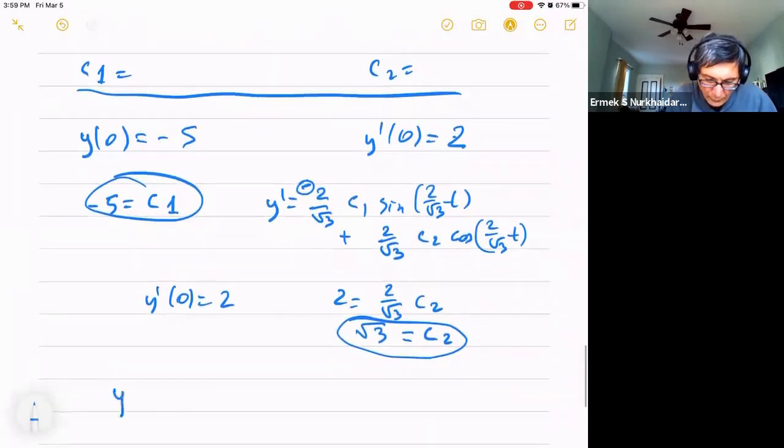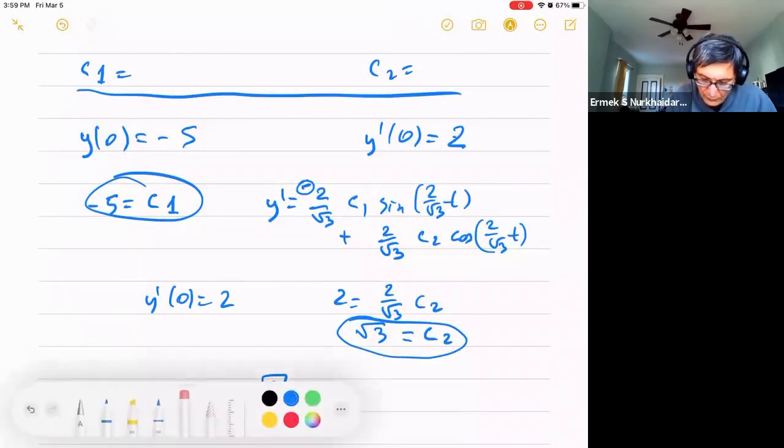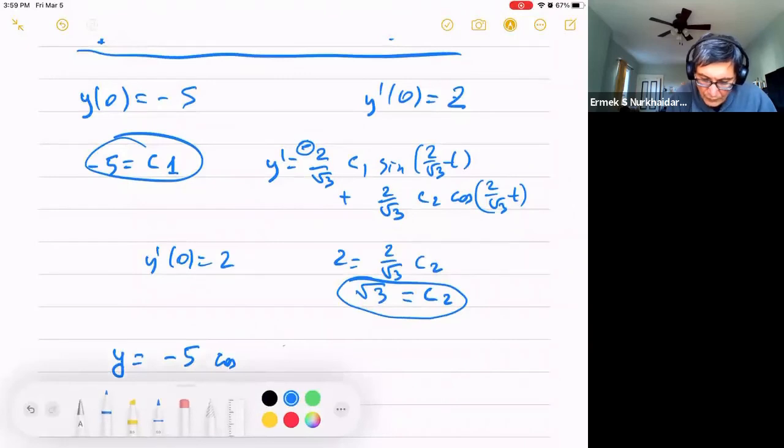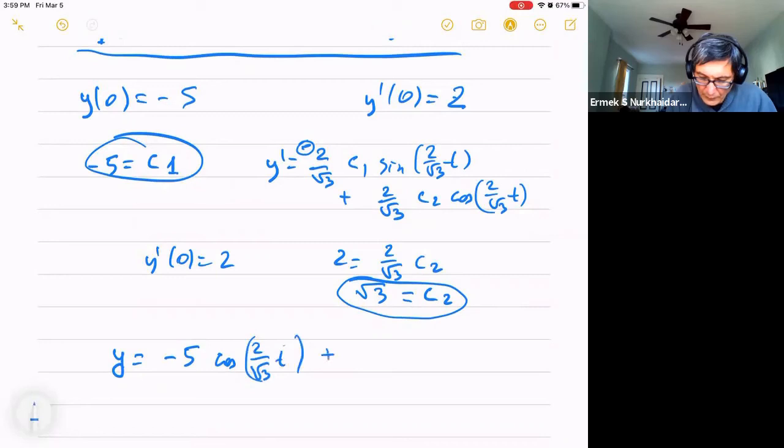So finally we have our answer: -5 cosine of 2 divided by square root of 3 t, plus root of 3 sine of 2 over root 3 t.